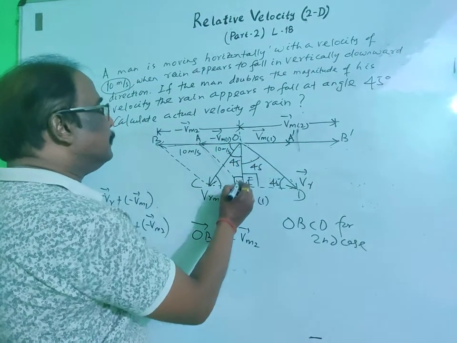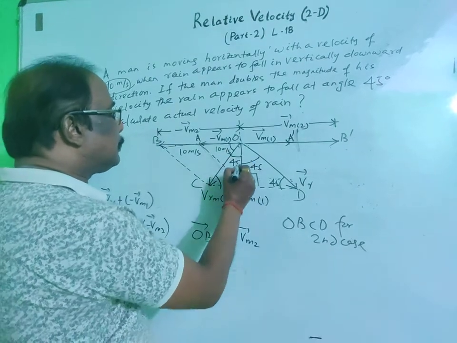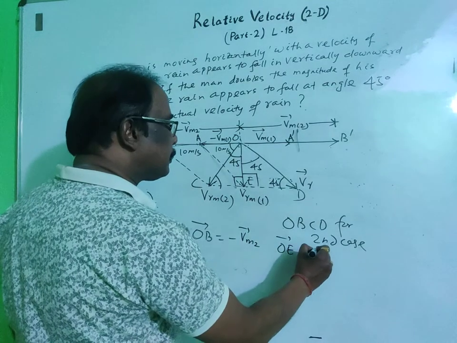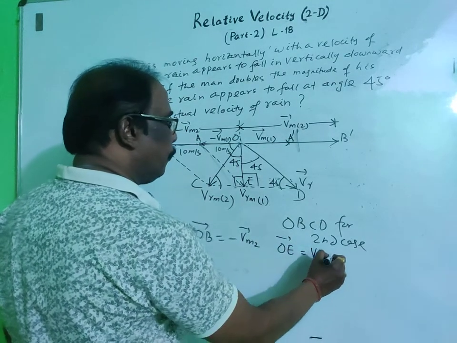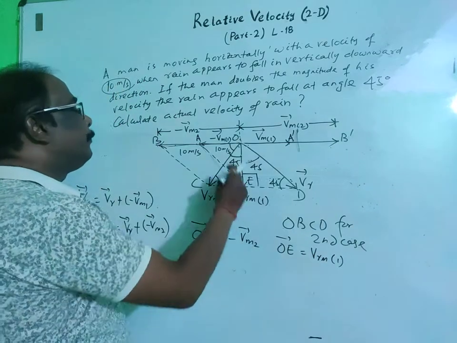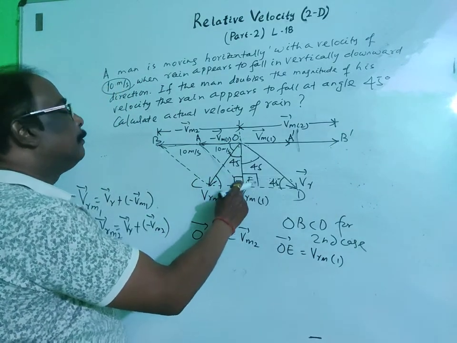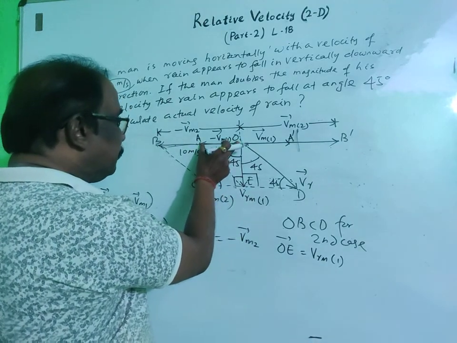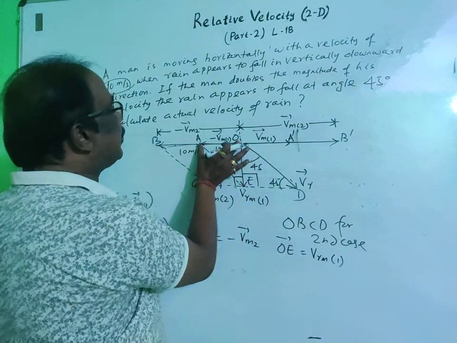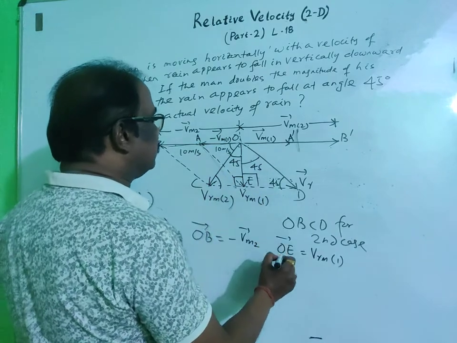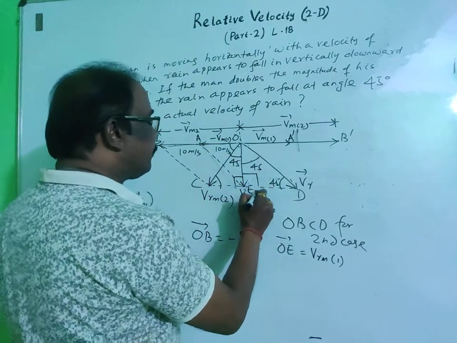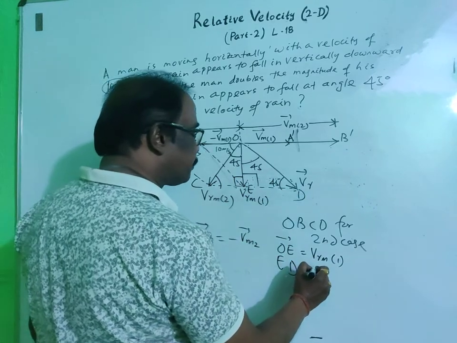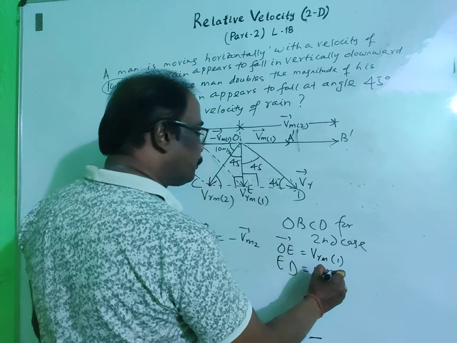Okay. So this is 45. This is 45. This length means OE represents Vrm1. On Vm1, this is Vm1 10 meter per second, this length represents 10 meter per second, then this point is E, then length of ED also represents 10 meter per second.